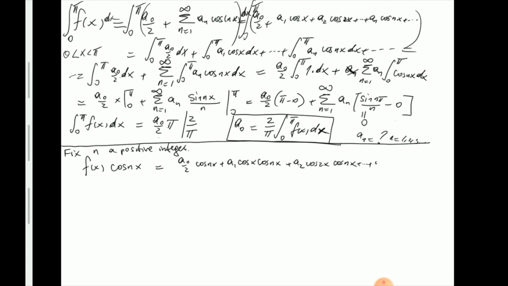Somewhere in the middle, we're going to have an cosine nx cosine nx, and then the rest of them for other values of n, right? So at some point, for example, you're going to have some generic am cosine of mx cosine of nx and so on. So n is fixed, and then you have all the other terms in the series here.